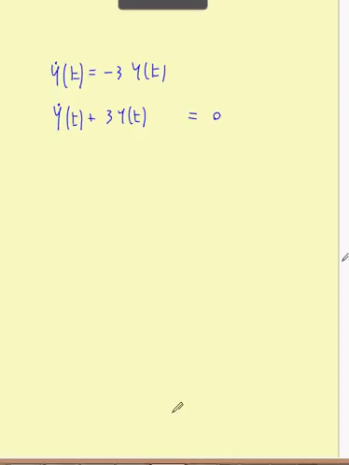Now we need to multiply both sides by the integrating factor, and the integrating factor is e to the power of 3t. Before it was e to the power of 8t, now e to the power of 3t, because now a is equal to 3. The constant is equal to 3.